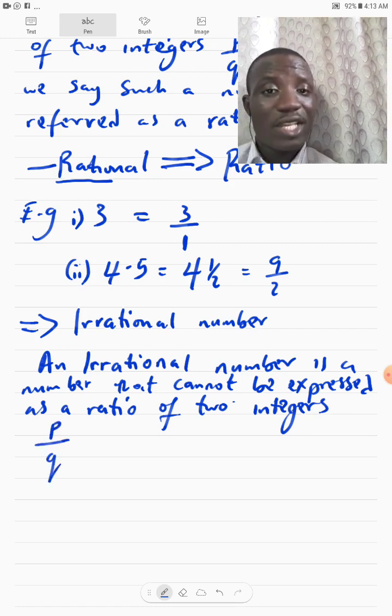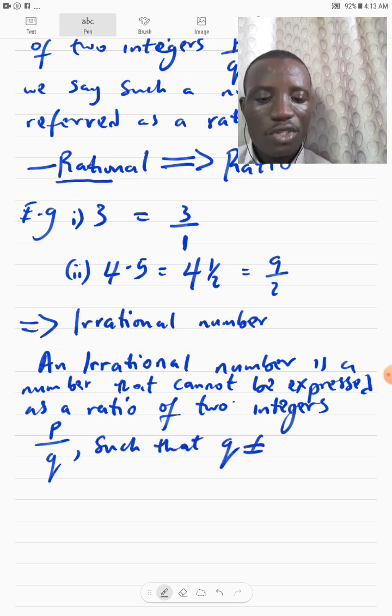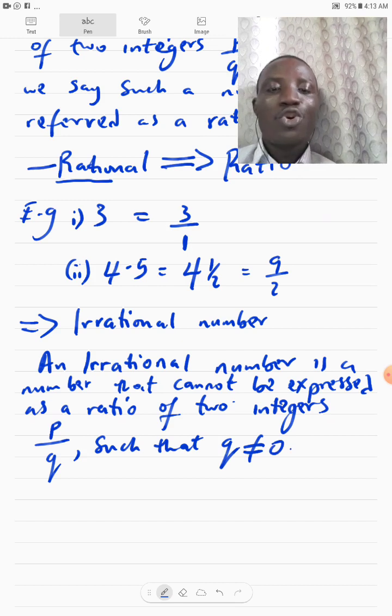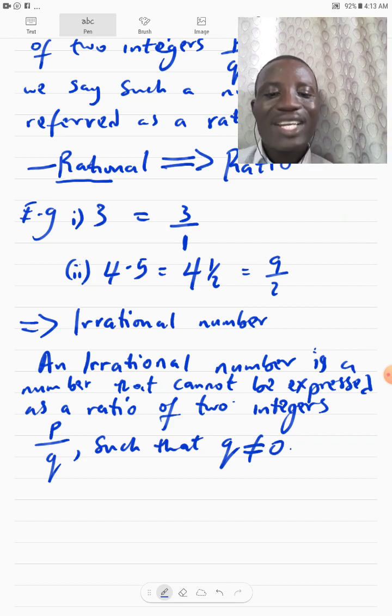P over q is just an example. So an irrational number is a number that cannot be expressed as a ratio of two integers, for example, p over q, such that q is not equal to 0.